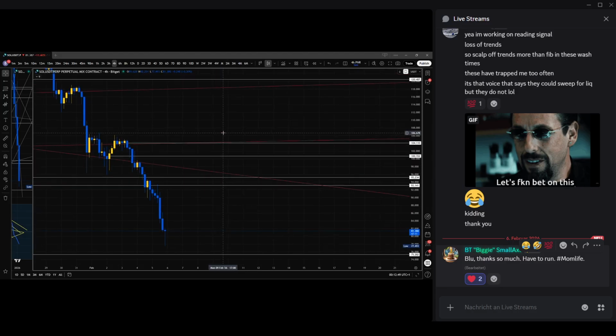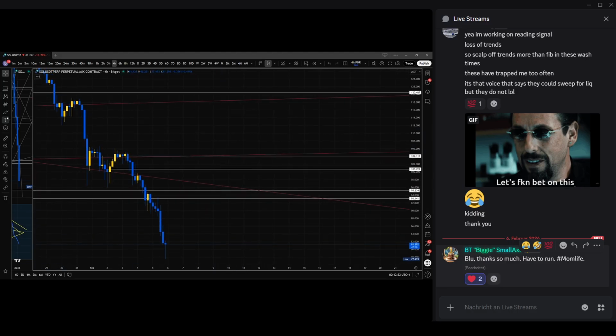If it turns out to be wrong, let's say it's an honest reclaim and they go higher, it will most likely get you a retest, and then you get an exit on break even without any loss.